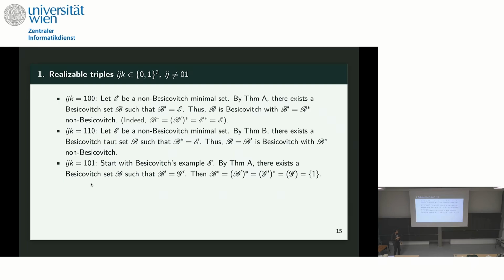This holds for any B. Now B prime is the same as G prime. And G prime star, what is this? This is the same as G star. I forgot it, but this G star is just the singleton 1 because it contains infinitely many primes. So 1 is in the set of scales.